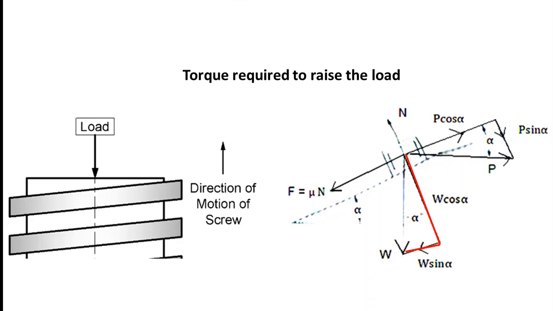Same way, if I extend the line of normal reaction, then it will become W cos alpha, and parallel to mu N, there is W sin alpha, the line is drawn. So two right angle triangles are going to take place.